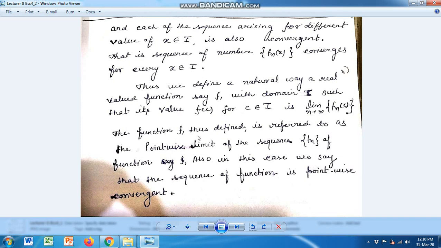The function f thus defined is referred to as the pointwise limit of the sequence f_n. Also, in this case we say that the sequence of functions is pointwise convergent.